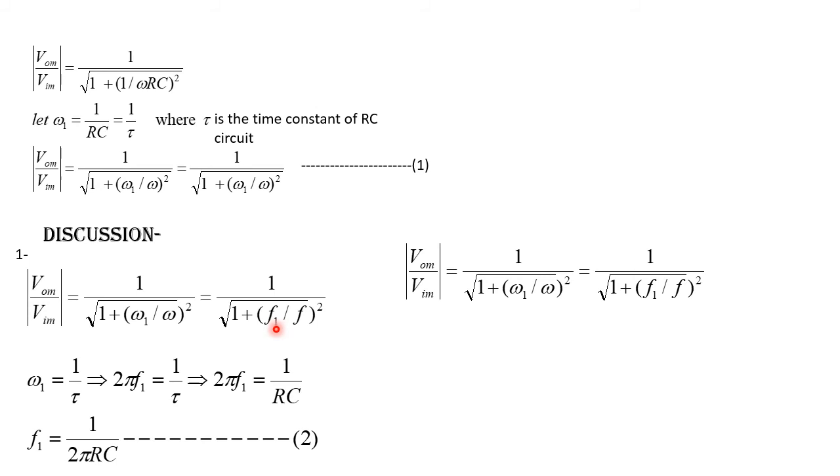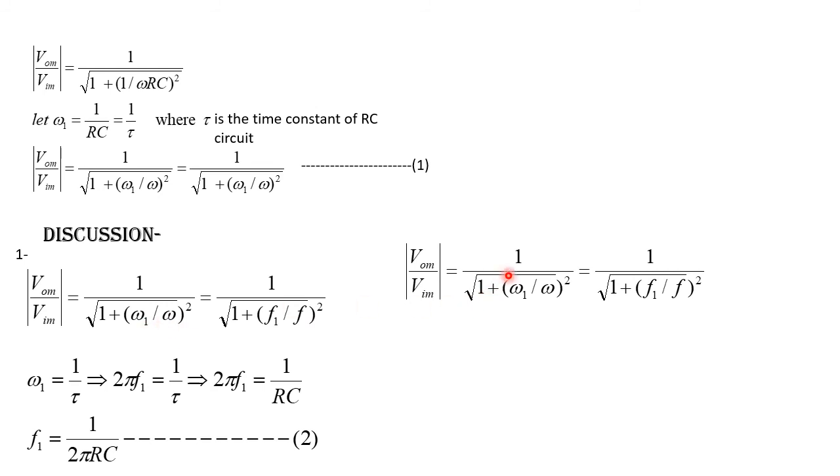What is the expression of f1? We can find it by recalling that omega 1 is equal to 1 upon tau. Omega 1 can be written as 2 pi f1, which is equal to 1 upon tau, or 2 pi f1 is equal to 1 upon RC. Hence f1 is equal to 1 upon 2 pi RC.